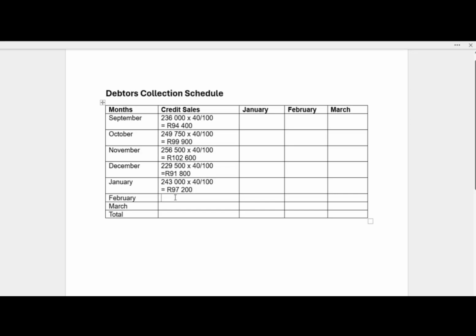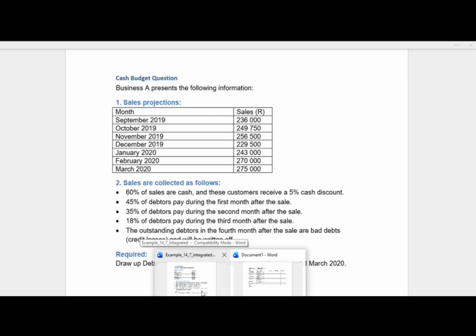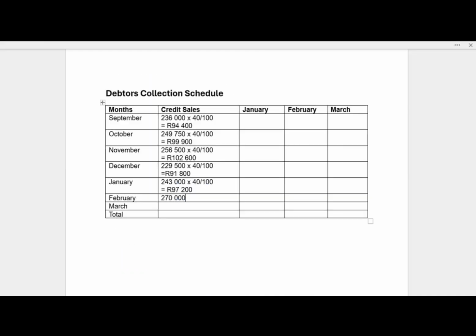And then we go for February. For February, how much do you have right there? Let's see. For February, you have 270,000 total sales. So 270,000, you multiply by 40. You divide by 100. How much is your credit sales that you need to collect from for February?